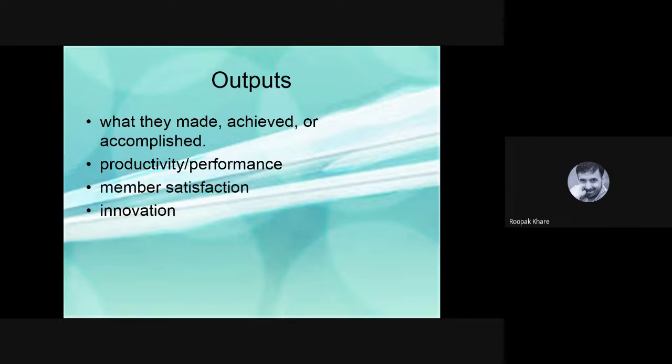What are the outputs? Whatever is being achieved, the final productivity, the performance that is shown, the satisfaction of members, and what innovations are taking place. These are all the outputs of a good or a bad meeting.